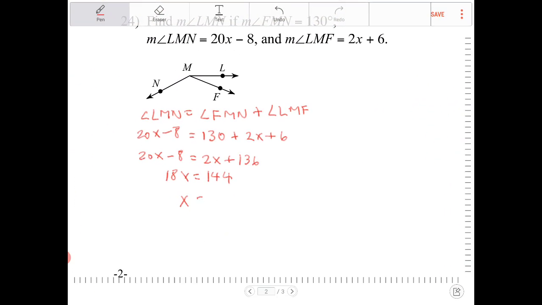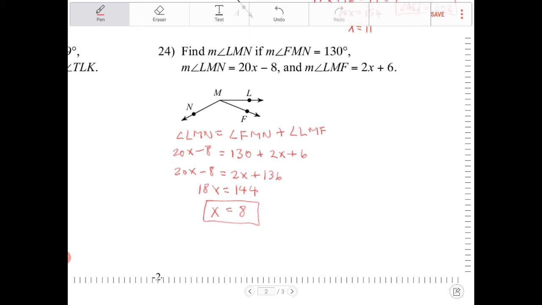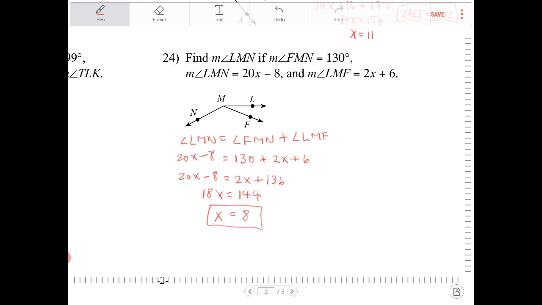Okay, so x is equal to 8. So if x is equal to 8, and I need to find LMN, right? LMN is the full angle. So that's 20 times 8 minus 8. 160 minus 8 is equal to 152. Okay, and that's it.